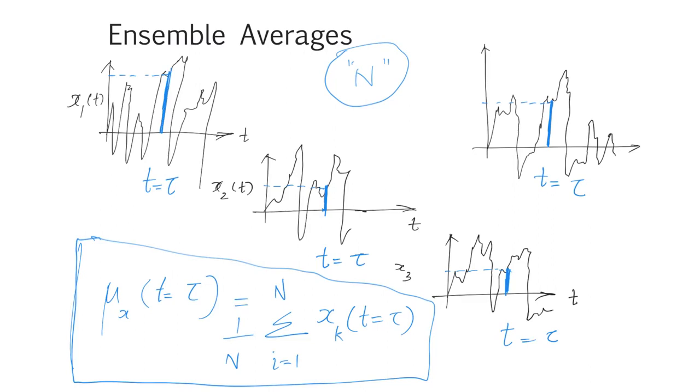For example, let's say tau equal to 5 seconds for this particular example. Then 5 seconds into landing, for this particular time history, I am seeing a displacement of x1 of tau.